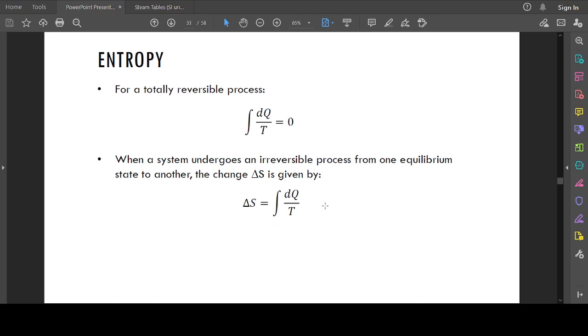Entropy for a totally reversible system is given as the integral of the heat transfer rate divided by temperature equals 0. When a system undergoes an irreversible process from one equilibrium state to another, the change in entropy is given by the integral of the heat transfer rate over the temperature.